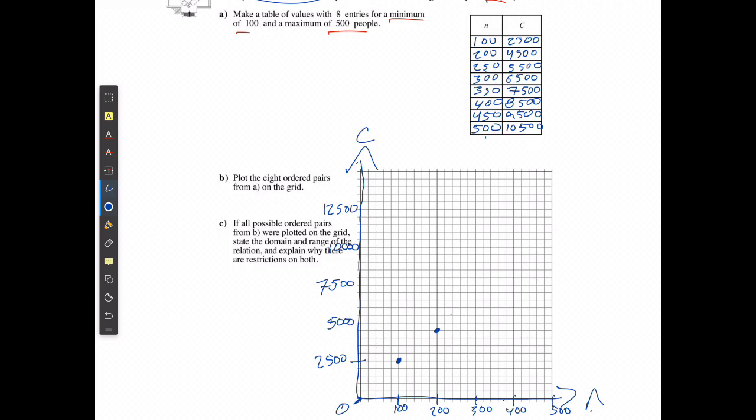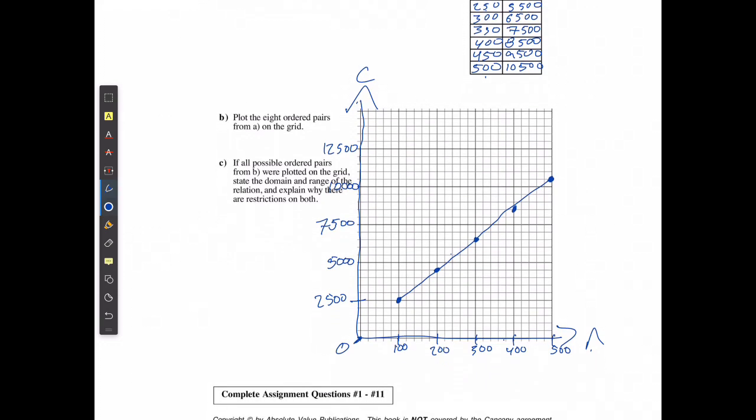And that's going to exist right here. 400 and 8,500 is going to be right about here. And 500 and 10,500 is going to be right about here. And this is all going to make a nice straight line because I have that linear function.